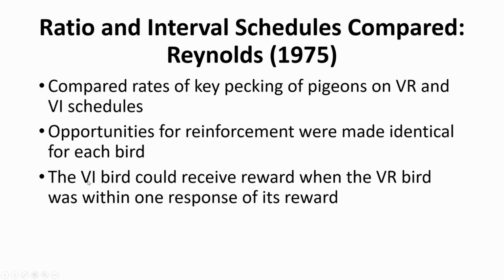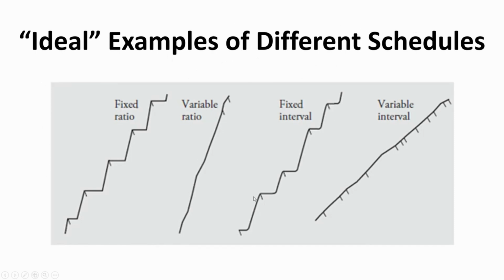And the variable interval bird would be eligible to receive a reinforcer whenever our variable ratio bird was within one response of its reward. So if we look at over here, our variable ratio bird is the one that is driving all of the responding here.